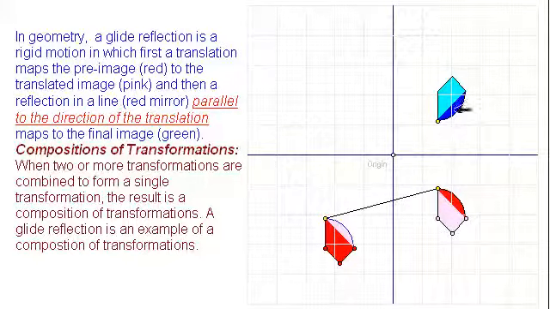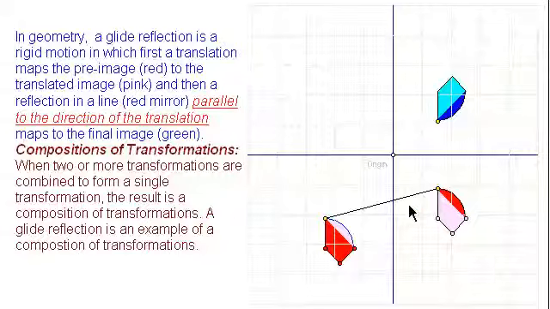But what are we going to call this reflection, the blue one, which is not a glide reflection? Otherwise what will it be called? There is something else called composition of transformation. This is a kind of composition where two or more transformations are combined to form a single transformation, and the result is a composition of transformation.